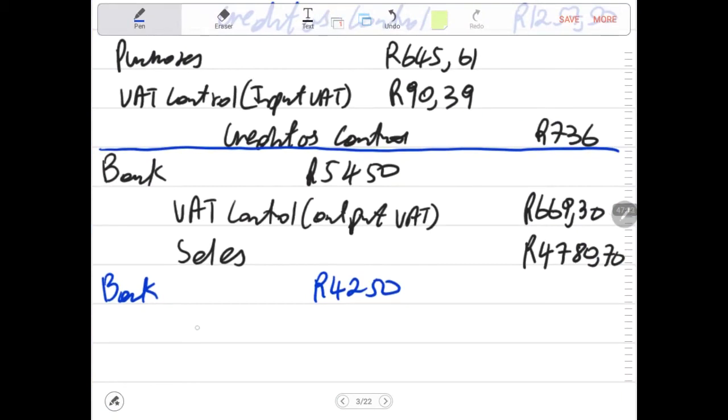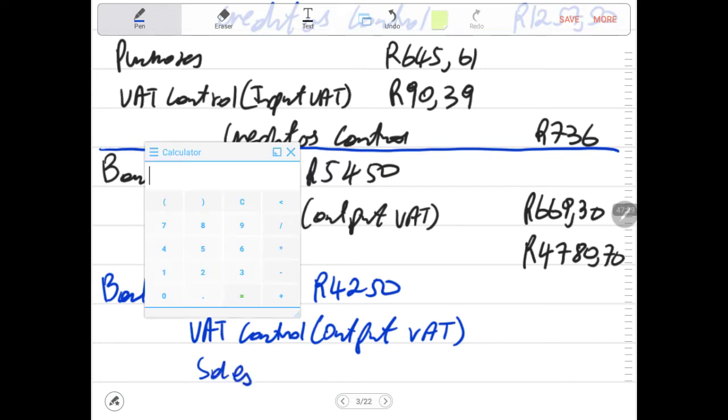Then we need to take into account output VAT, which will be recorded under VAT control. Inventory is going out, so this is output VAT. Then we capture our sales, which is 4,250 by 100 divided by 114, and we get our sales amount 3,728.07.